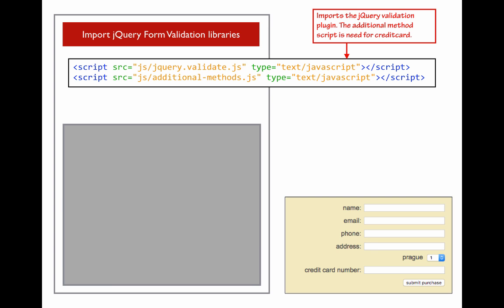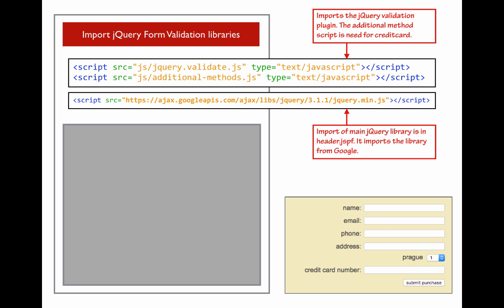We're going to import jQuery in the header.jspf fragment. Instead of downloading the jQuery library, we're going to get it from Google. jQuery is common enough so that it no longer makes sense that every web server should deploy their own copy of it. So the imports are fairly easy.